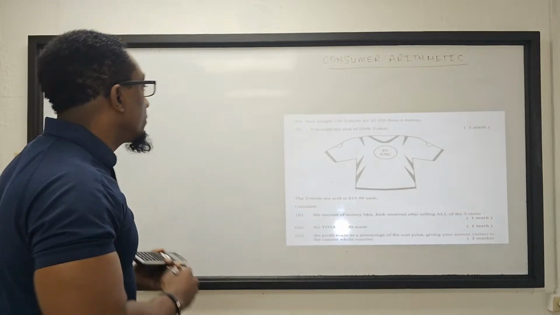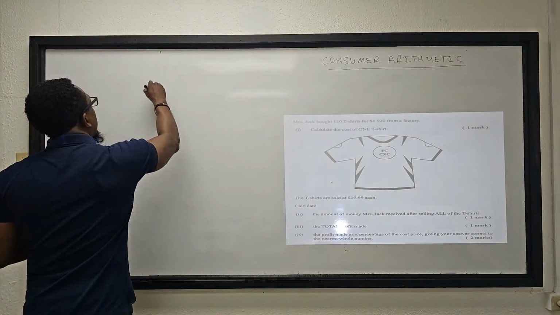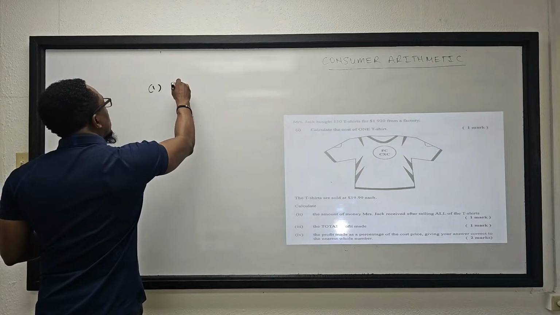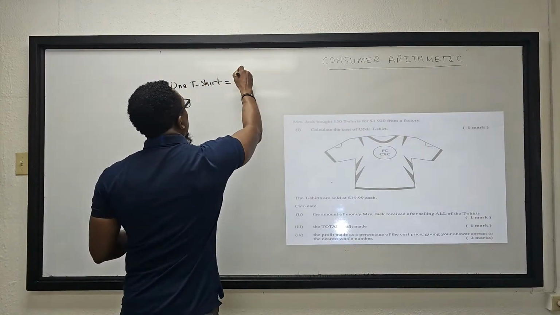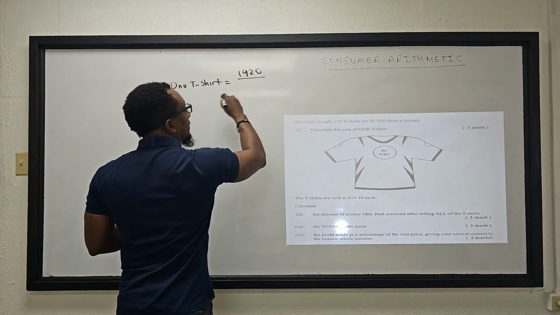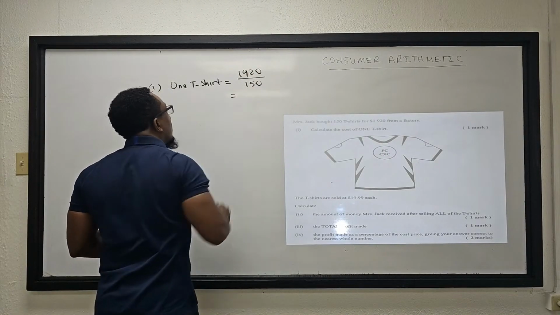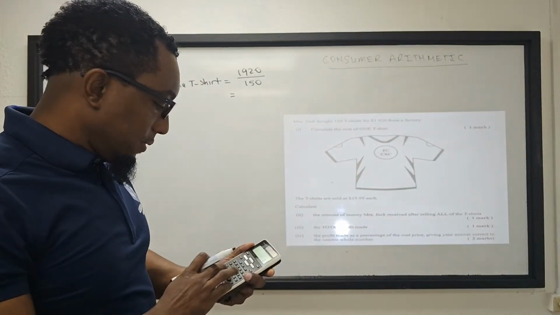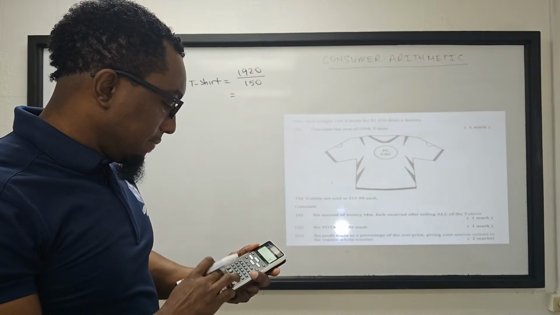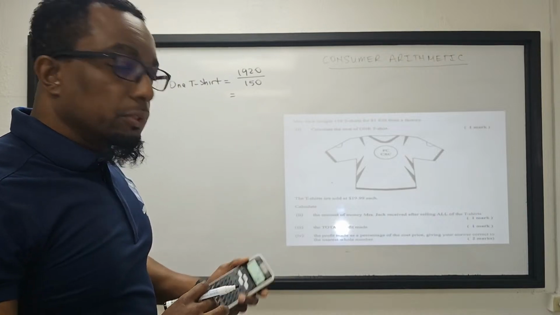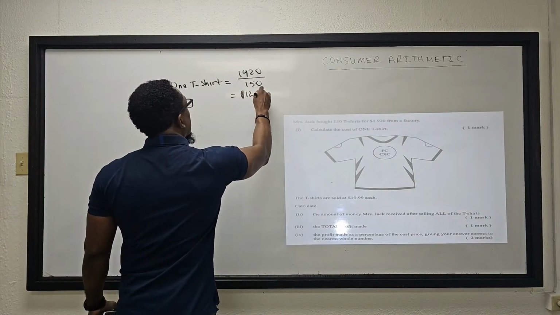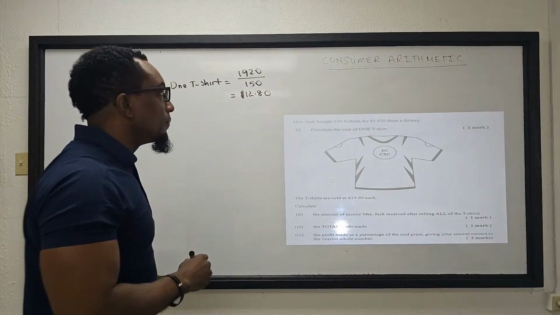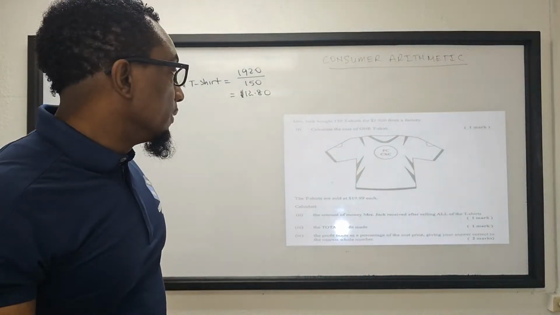So one t-shirt will be 1,920 divided by 150. That's the cost of one t-shirt, which will be $12.80.